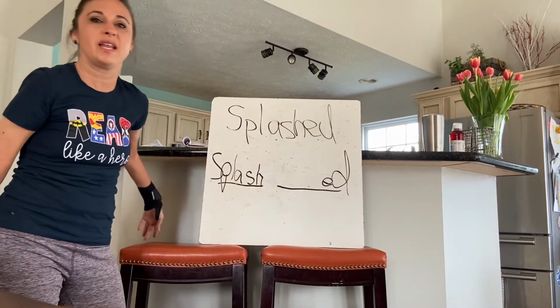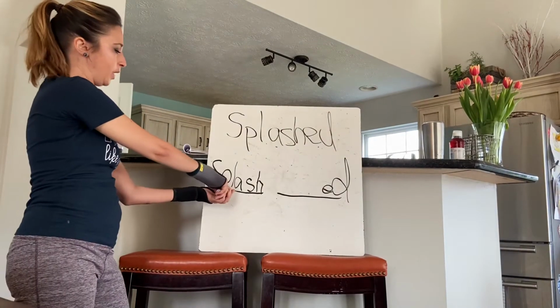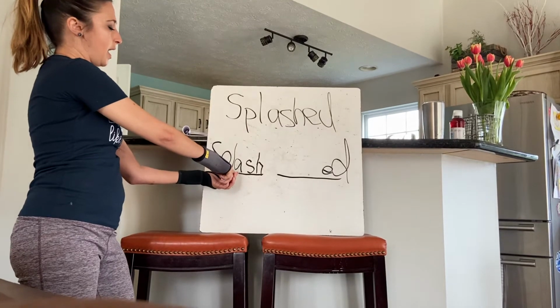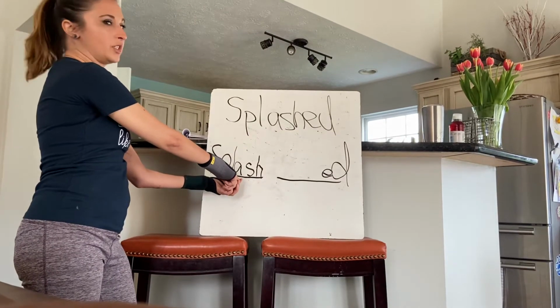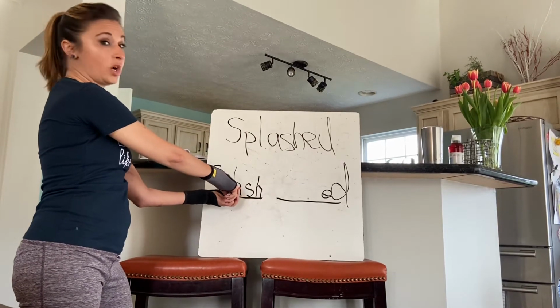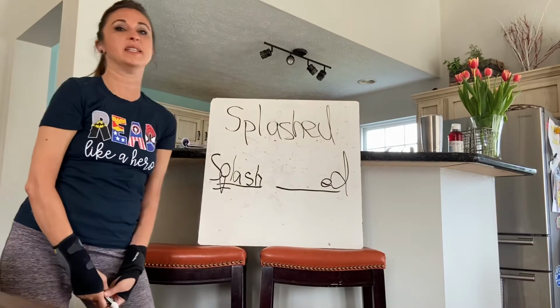SPL, consonant blend, says spl. Short A says a, and it's short because it's a closed vowel. SH, the digraph, says sh.